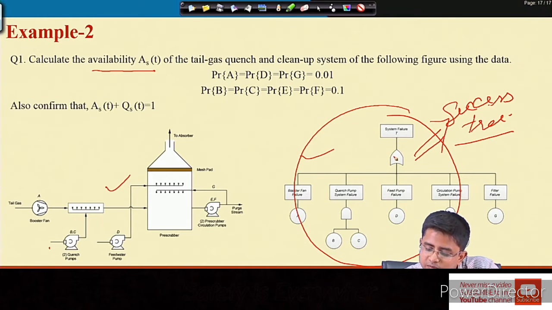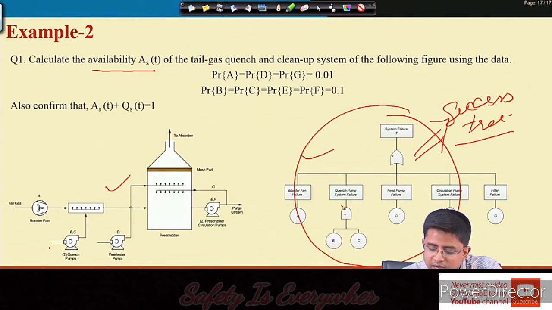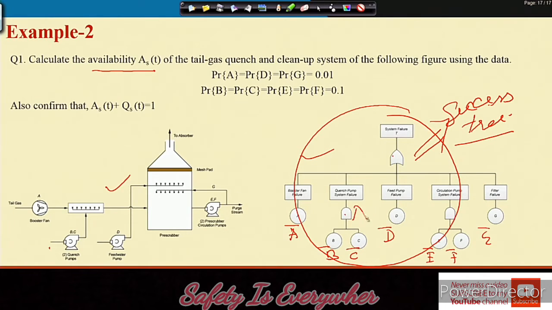Just replace all the OR gates with AND gates and AND gates with OR gates, and all the basic events A, B, C, D, E, F, G will be replaced by their inverses, A bar, B bar, C bar, D bar, E bar, F bar, G bar, and this will be OR, this will be OR, this will be AND, and this will be T bar.